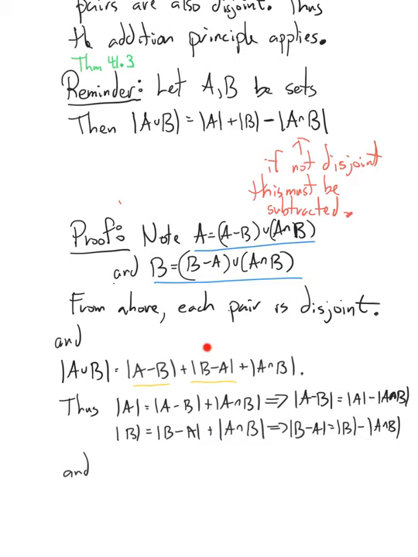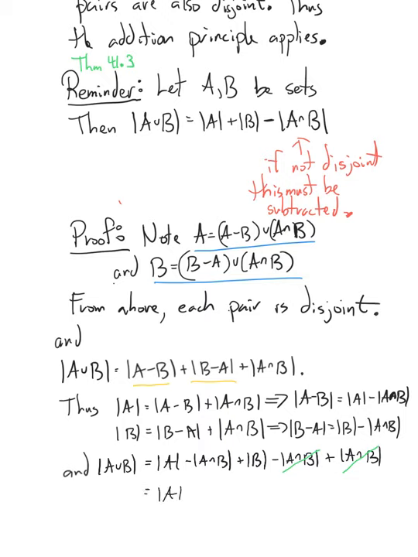We'll just substitute into here since we solved for A minus B and B minus A. So we get that the cardinality of A union B is the cardinality of A minus the intersection, plus the cardinality of B minus the cardinality of the intersection, plus the cardinality of A intersect B. And hey, look, we have two cardinalities of A intersect B, one positive, one negative, so they cancel out, and we're left with exactly what we want: the cardinality of A plus the cardinality of B minus the cardinality of A intersect B.